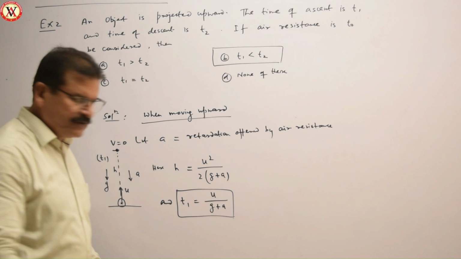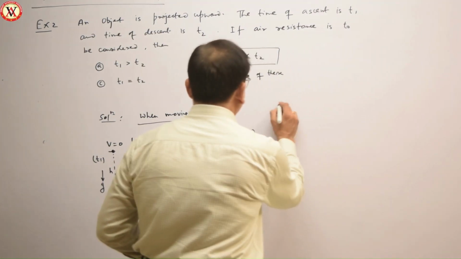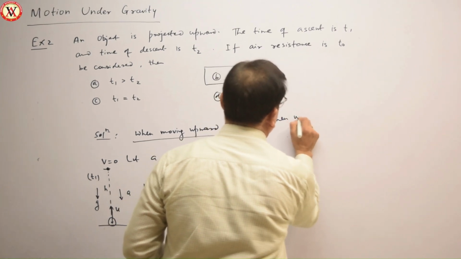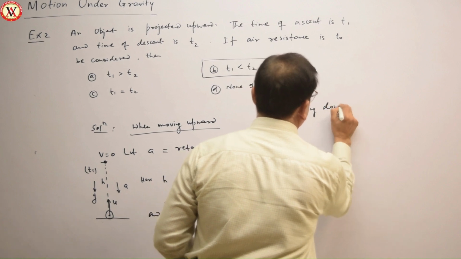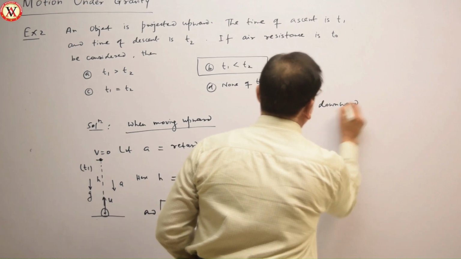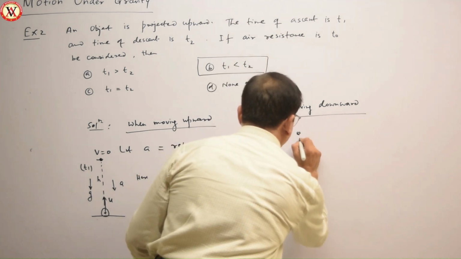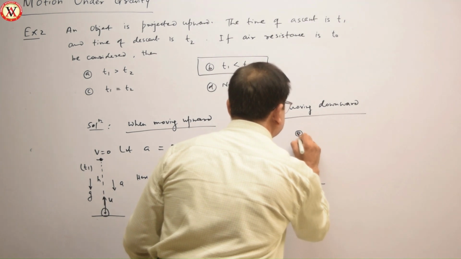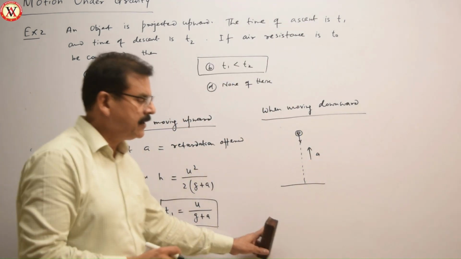Now take the case where it is moving down. From maximum height, if the body is returning back, air resistance is again going to oppose, in the upward direction.